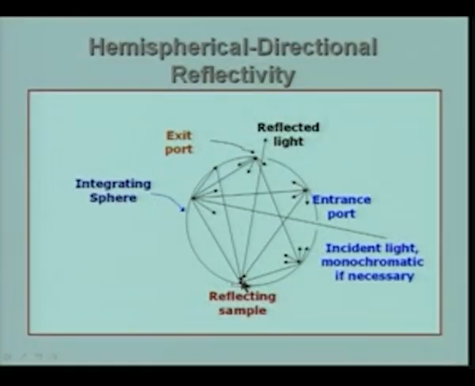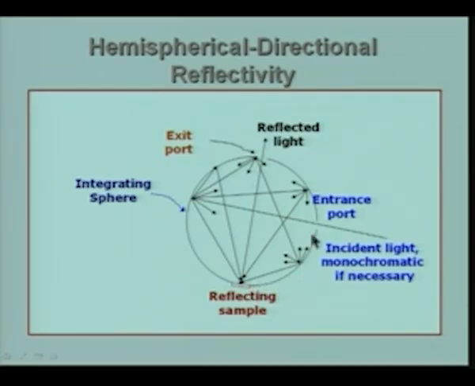I can also do exactly the opposite. I can allow light to be impinging on this sample, and after reflection it gets reflected in all directions from the reflecting sample. This is going to be gathered by the sphere, and the sphere is going to respond entirely to the amount of energy which is reflected from the surface in all directions.